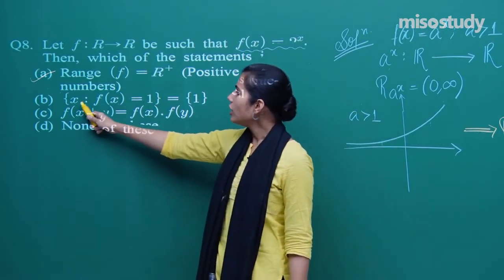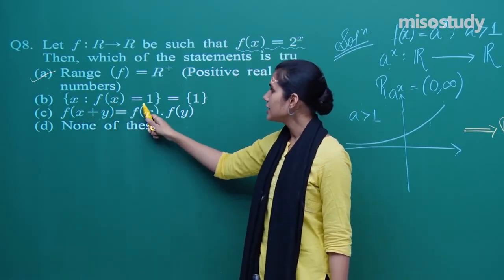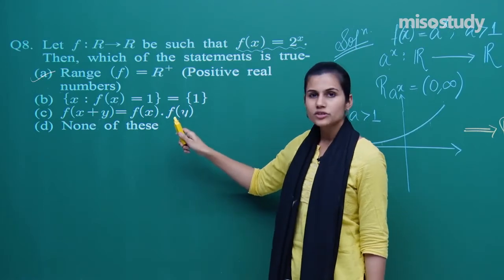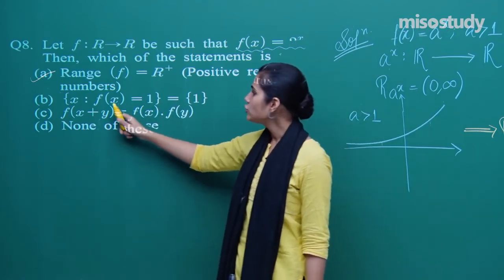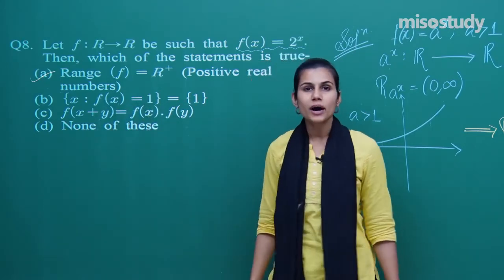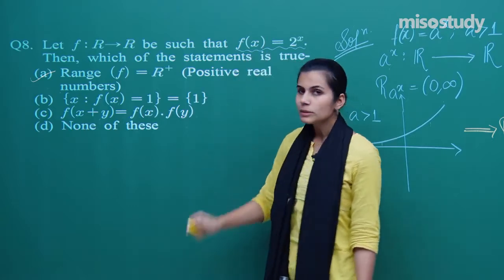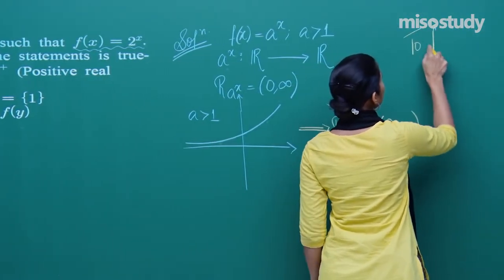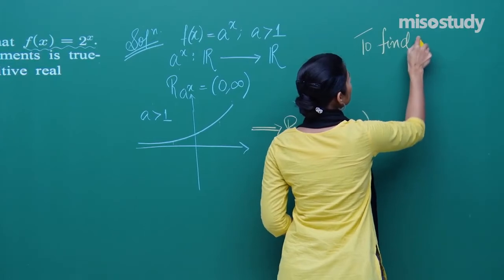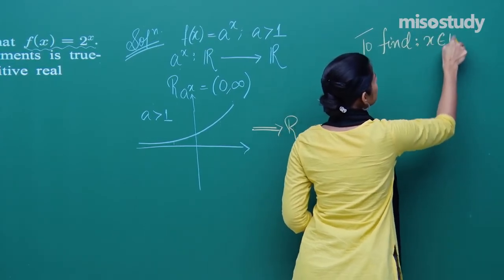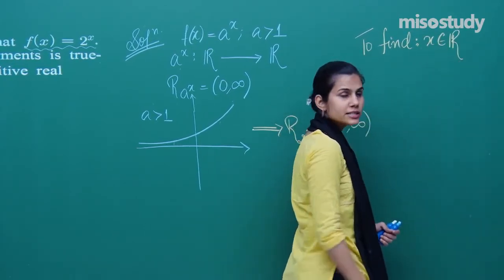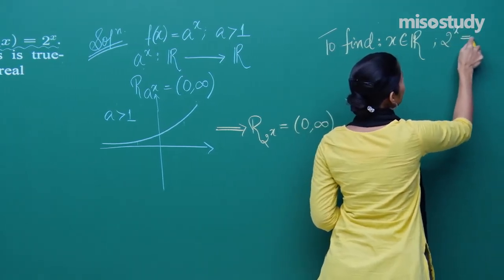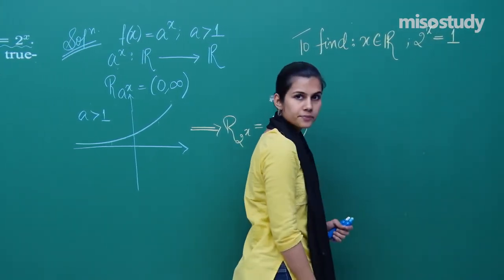B is saying all those x for which f(x) is equal to 1 is the singleton {1}. Which are those real numbers to which f is assigning the value 1? Here f is given by 2 to the power x. I have to find those x in the collection of all reals for which f(x), which is 2 to the power x, is 1.